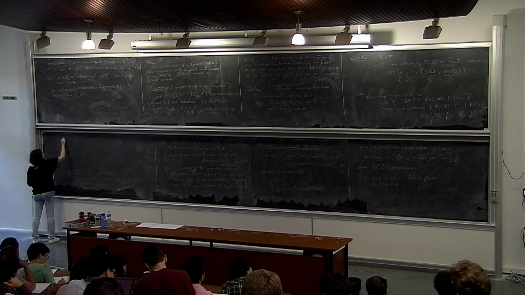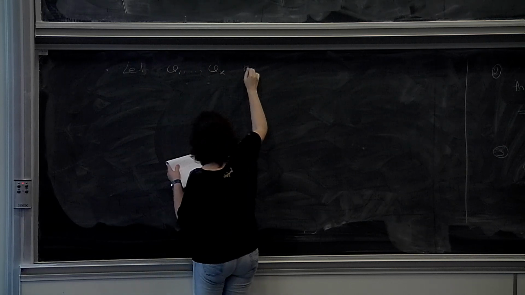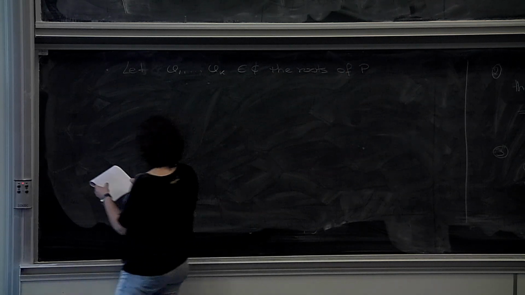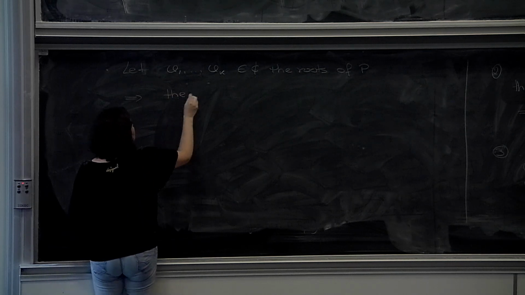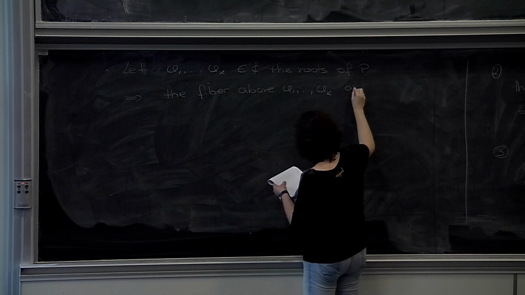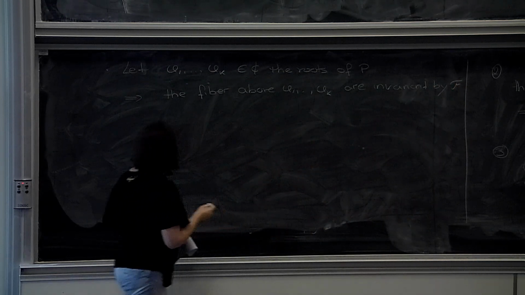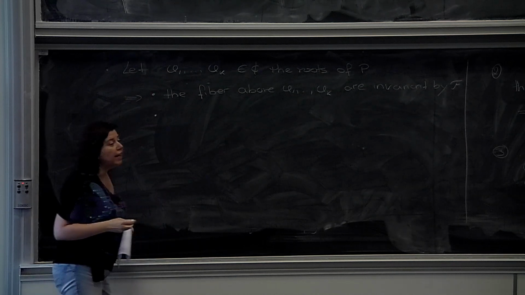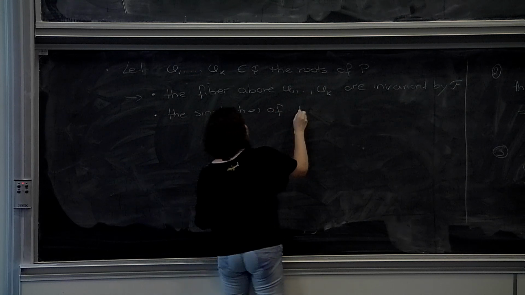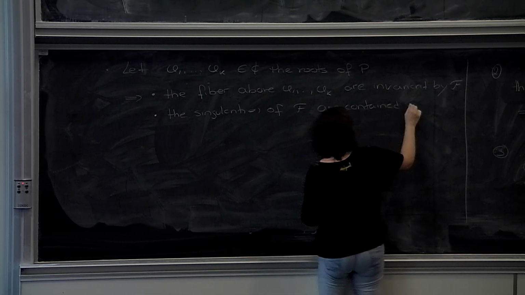However, if we denote by x_1, ..., x_k in C the roots of P, we have that the fibers above x_1, ..., x_k are invariant by the foliation. We have that the singularities of the foliation associated to that vector field are contained in these fibers.